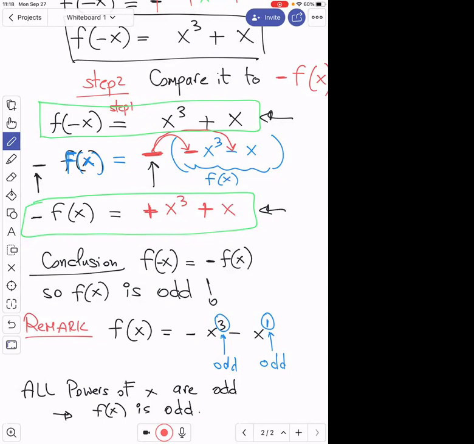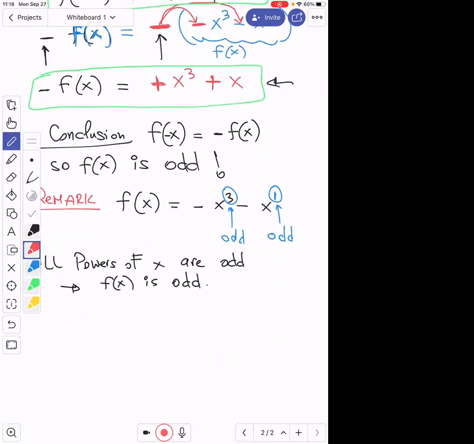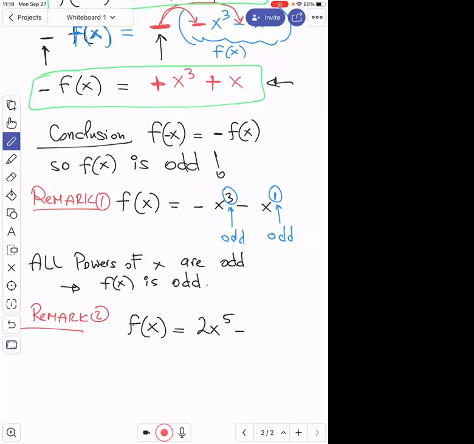This is my next remark. Remark number 2. If you have, let's say, f of x equal to x to the power 5 minus x squared, in this case you see 5 is odd, 2 is even.